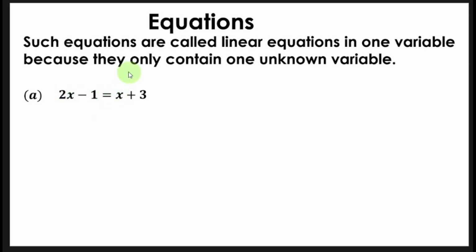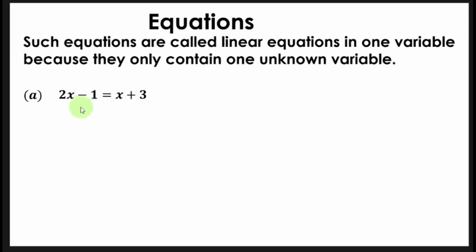And since we are solving these equations, it means that the known numbers must be on the same side, while the unknown variables must be on the left side. So we have 2x minus 1 is equal to x plus 3. Since we are solving, it means you find the unknown, the letter.